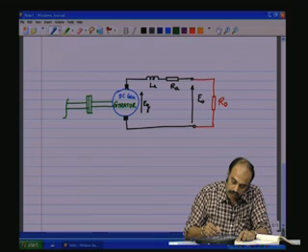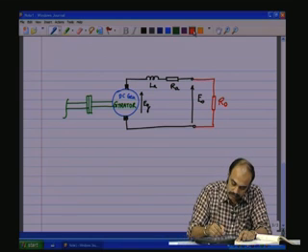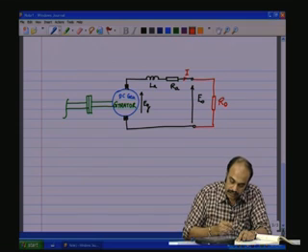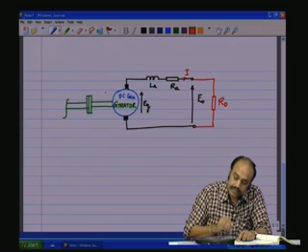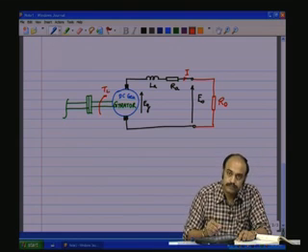Now, the load on the electrical side is the load current I, and that gets reflected as the Lorentz force, as a torque TL.